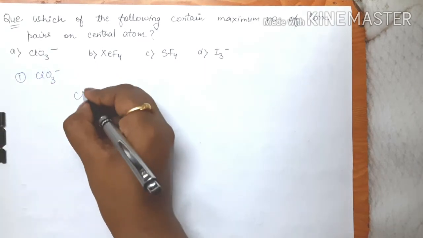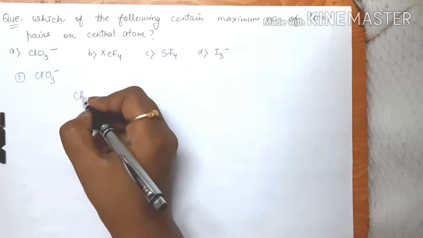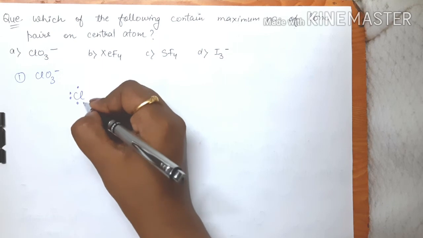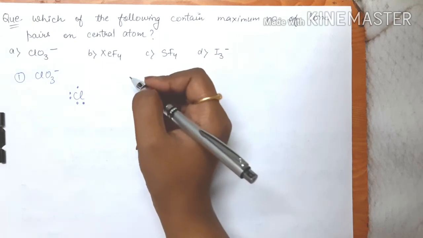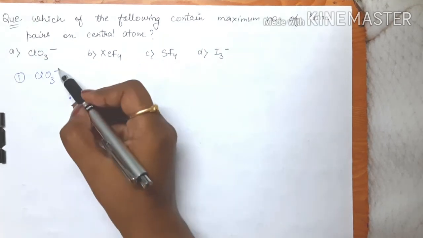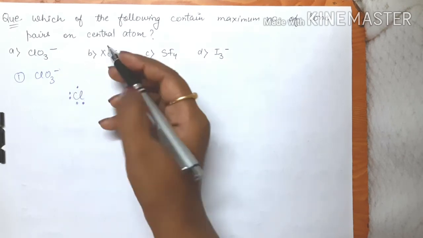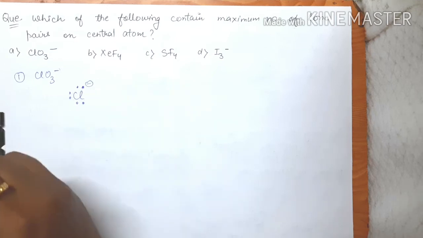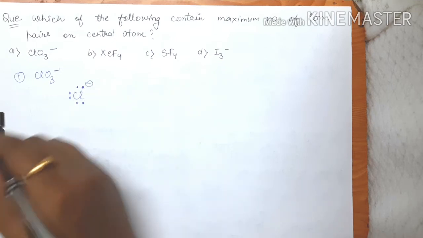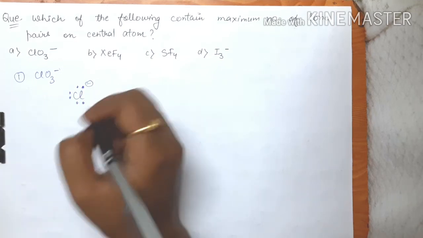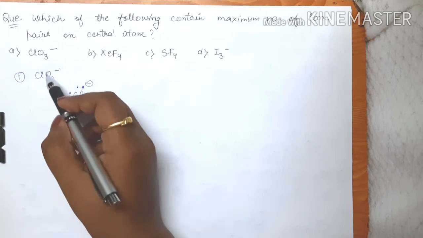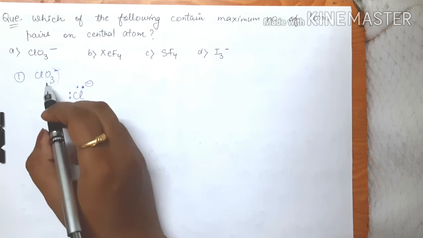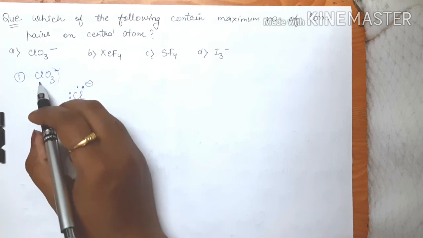Here chlorine is going to be the central atom. It is a halogen, so it will have 7 electrons in the valence shell. Now if we want to introduce this negative charge onto this chlorine, then we have to introduce 1 electron with this negative charge. But we have to attach 3 oxygens with this chlorine, and oxygen is more electronegative than chlorine.